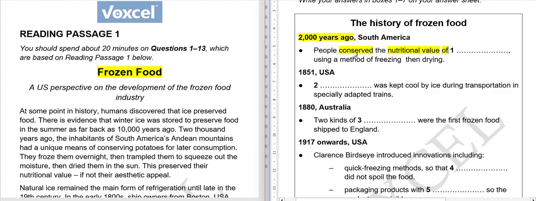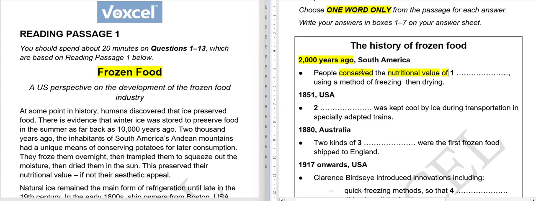You should be very careful that you will not find the exact word like 'conserved'. In the paragraph you will most probably encounter paraphrases or synonyms. Conserved means preserved, kept safe, things like that.